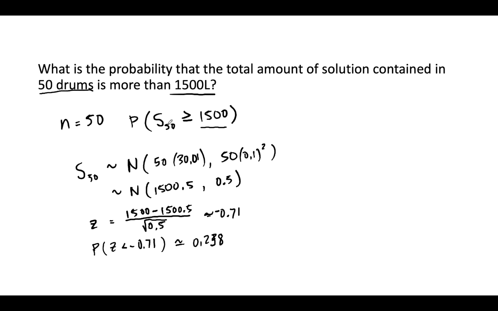Our original formulation was a question about whether it was bigger than 1,500. And when we calculate the z-score, we only got the value that's less than that, so we're going to have to take that complement to get our final value. So our probability that z is greater than negative 0.71 is equal to 1 minus this.